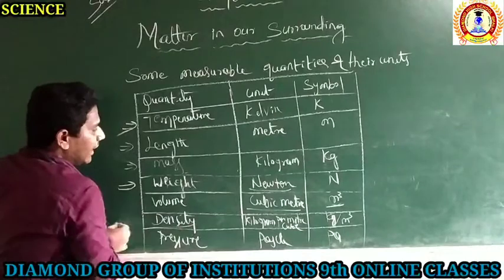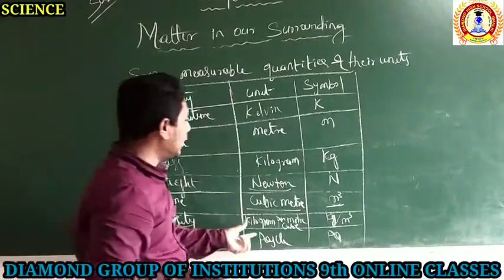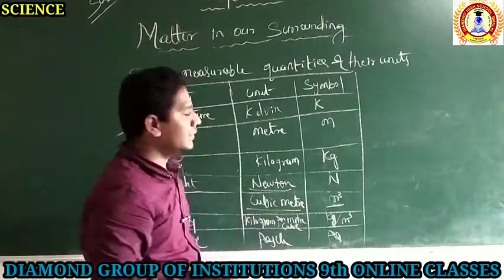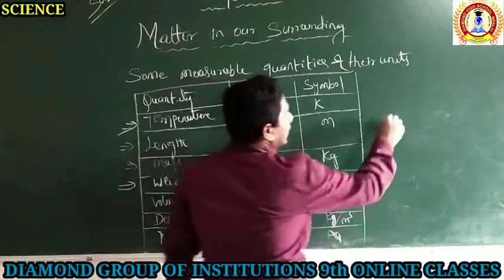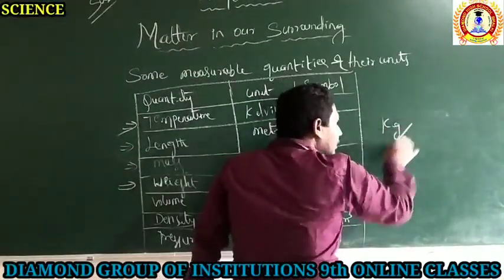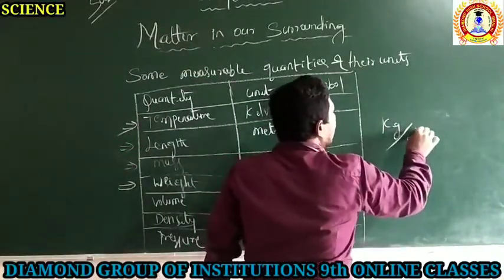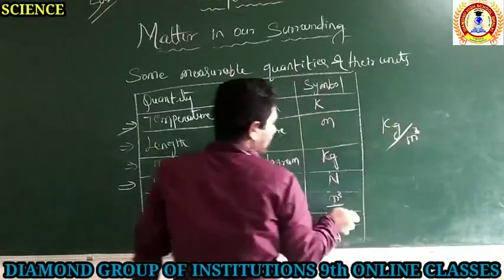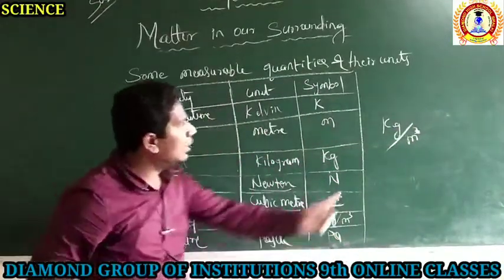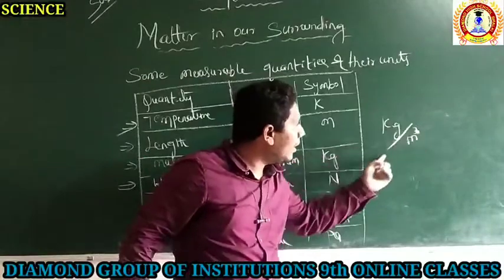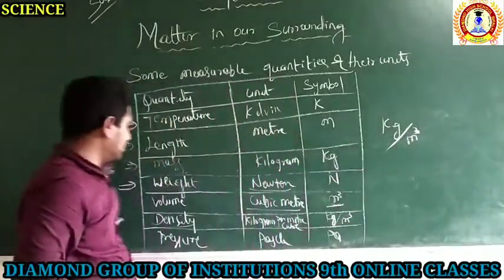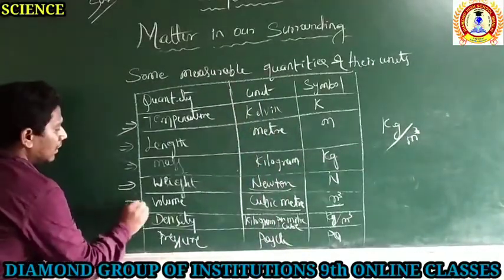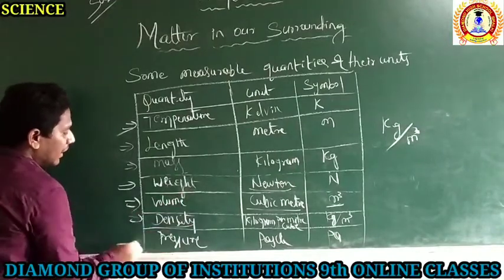Then density is measured in kilogram per meter cube, kg per meter cube. That is the unit and symbol of density.